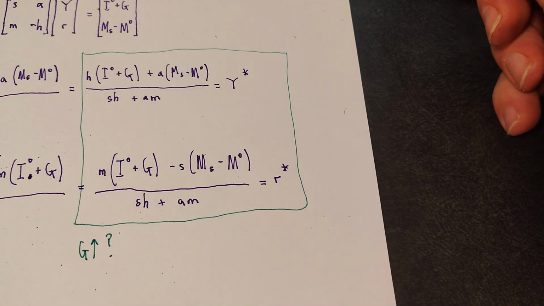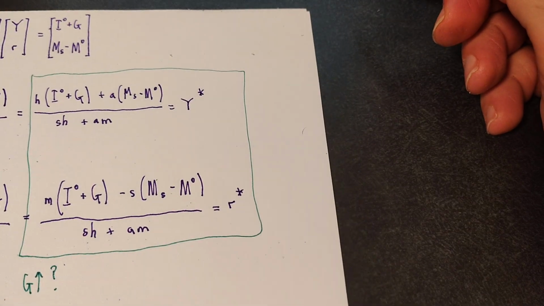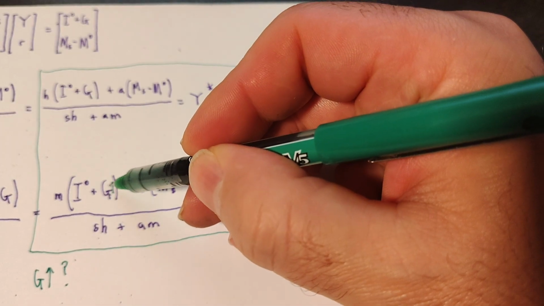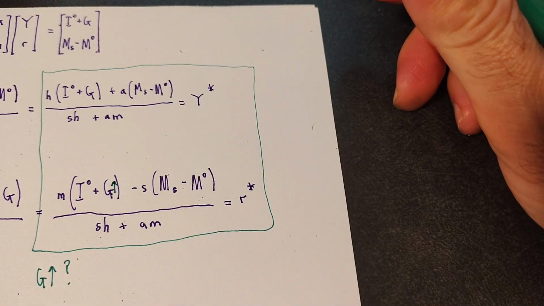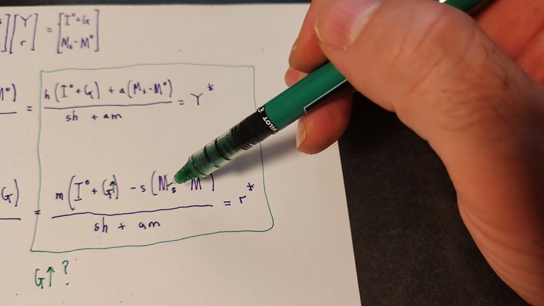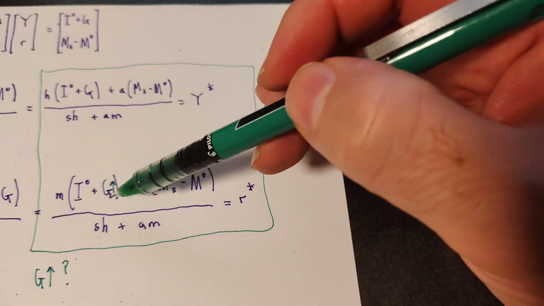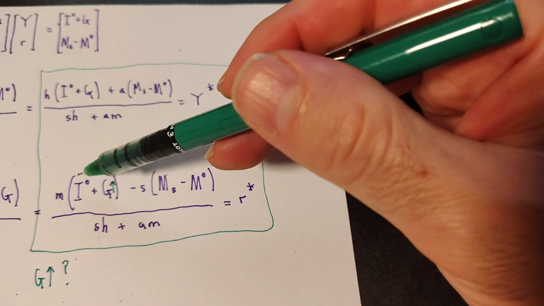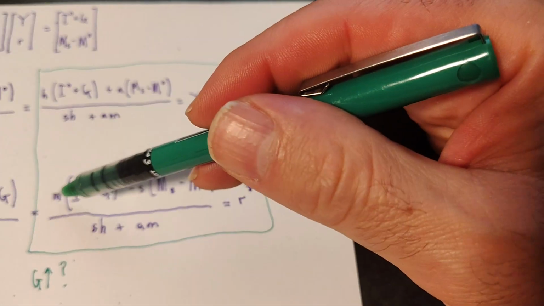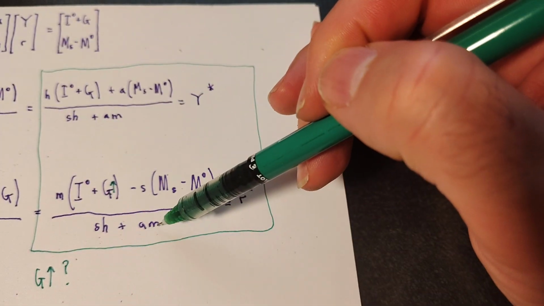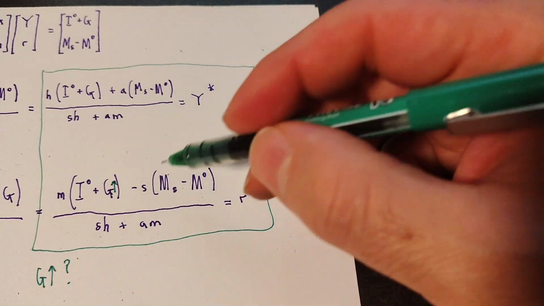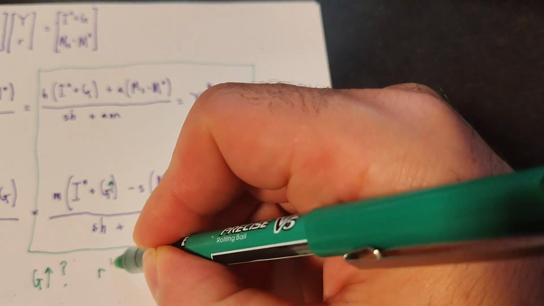We can do a comparative statics here and say, all right, if G increases and nothing else changes, then we should have R star increase by some proportion of M over SH plus AM. So if G goes up, R star is going to increase as well.